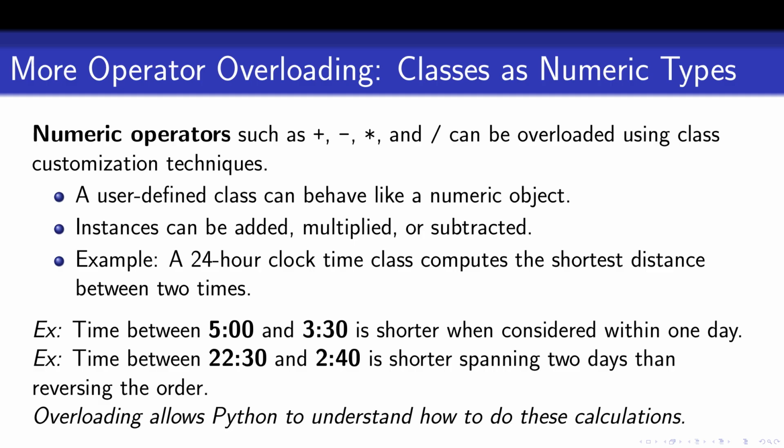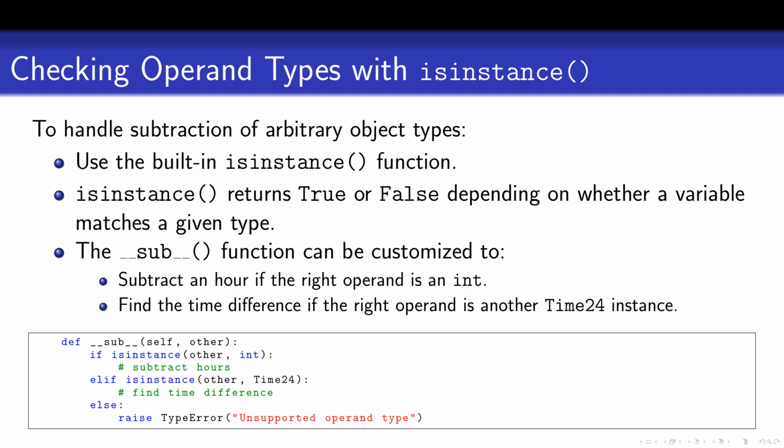When you overload operators like subtraction, it's important to handle different types of input gracefully. Python's built-in isinstance function helps with this by checking whether an object matches a specific type. For example, in a time24 class, you might allow subtraction between two time24 objects, or subtract an integer representing hours.